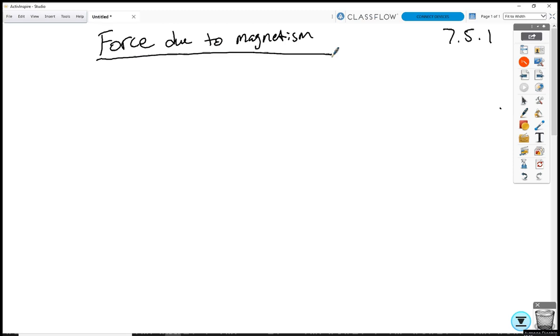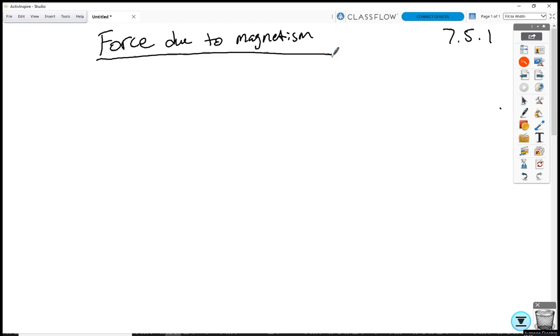Now, magnetic fields are called B fields, which might not make sense because students would think magnetic starts with an M, it should be called M fields, but no, they're called B fields. So, gravitational fields, G fields, electric fields, E fields, and magnetic fields, B fields.